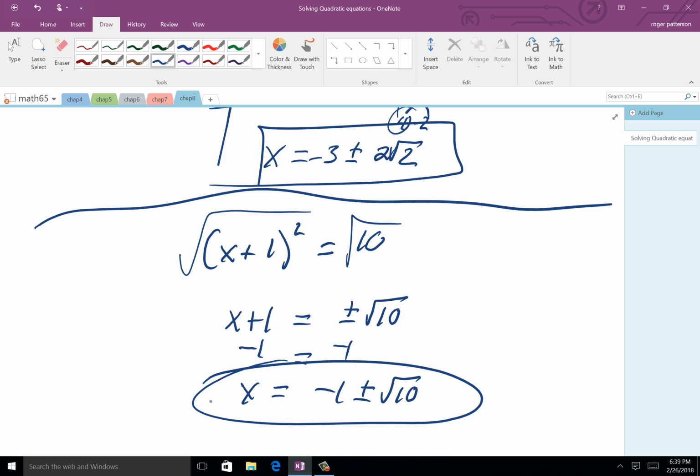Let's see. I'm looking at these to see if there's anything on here that we didn't really go over. Solve these by first. Did I give any on page 540 that were between 31 and 40?